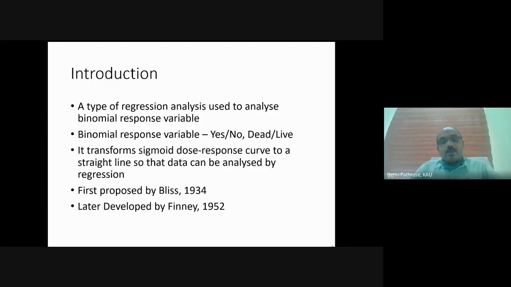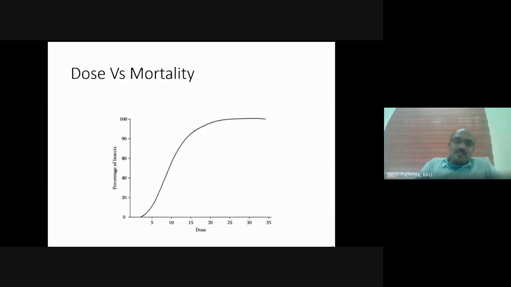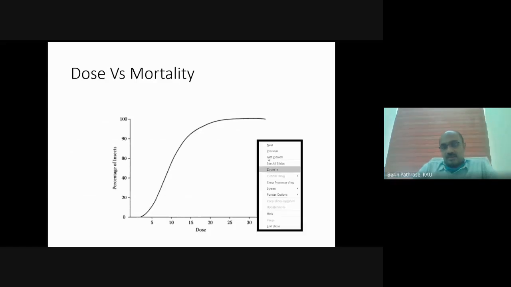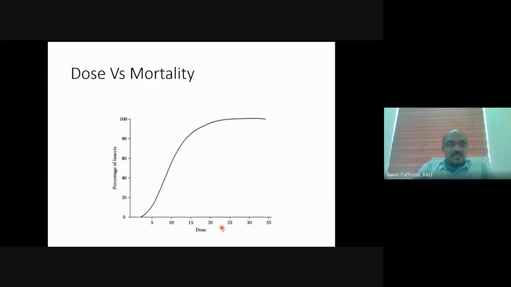But the problem with the regression analysis of our bioassay data is this. See this graph. Here, the x-axis is the dose, the y-axis is the percentage of insects died at each dose. See, the graph is moving almost like a sigmoid curve.